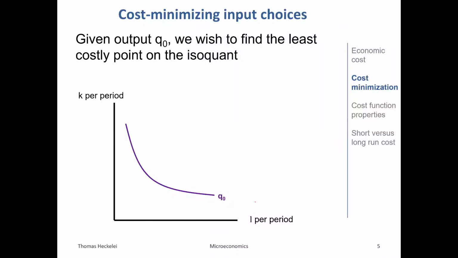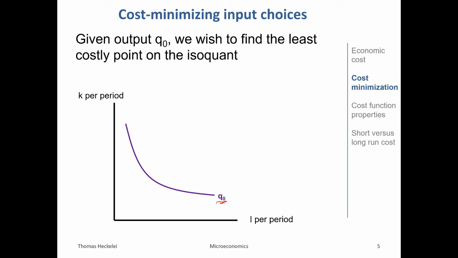Let's first look at the graphical illustration of the cost minimization problem here, and then you will see that it's very similar to the expenditure minimization problem that we went through in the demand and choice part. So here we have again an isoquant with a given level of output Q0, and our objective is to find the least costly point on the isoquant.